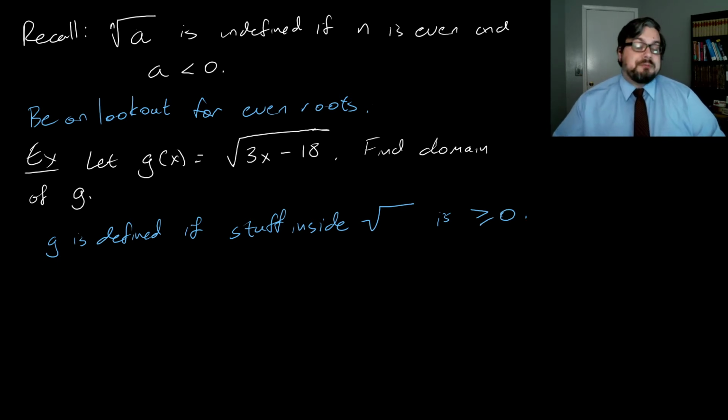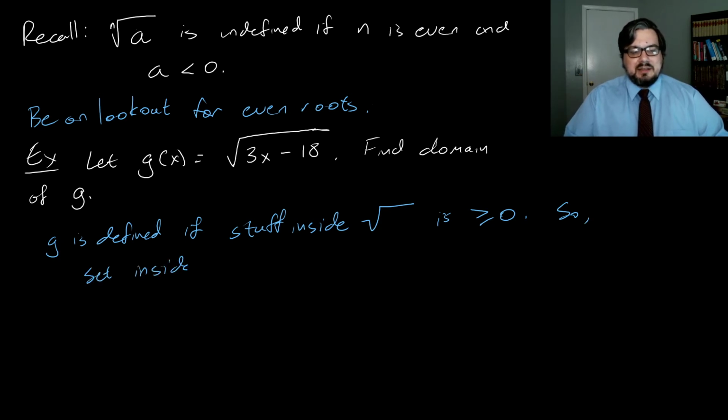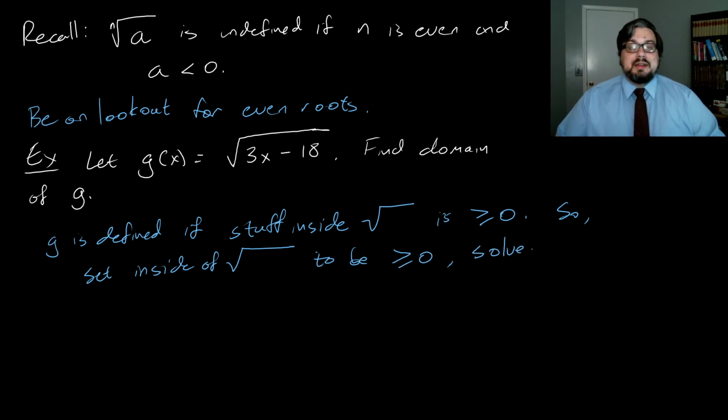We can take the square root of a positive number, we can take the square root of 0, but we can't take the square root of a negative number. So what we want to do is set the inside of the square root to be greater than or equal to 0, and then solve using our standard solutions to inequalities.